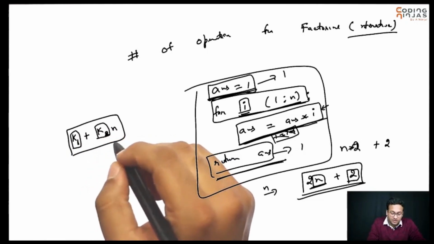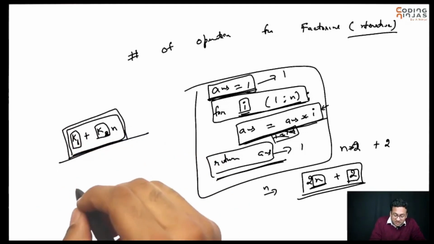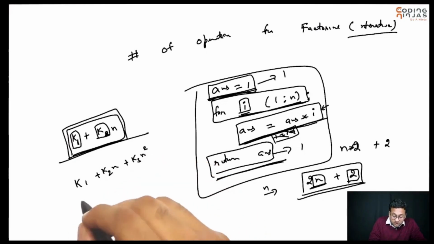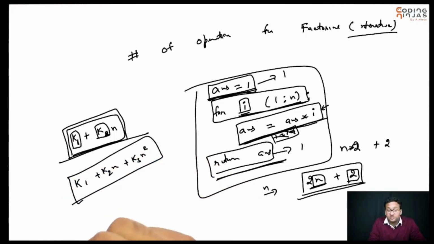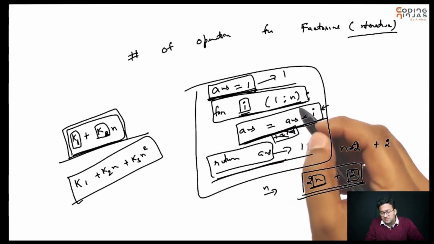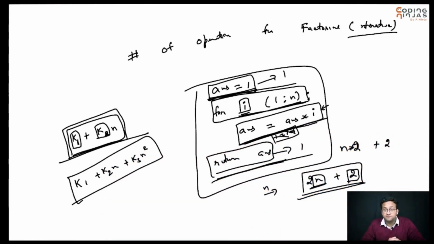What's going to be more important is what is this function's structure. Is it looking something like this, or is it looking something like this? The structure is going to be more important than these exact values. They are important, they are going to make a difference, but in our analysis we will just focus on, okay, so seems like there is some constant work that is getting done, that is k1, and then we have a for loop here which means some work is repeated n times. So we have k2 into n. That's how we will be doing our analysis.